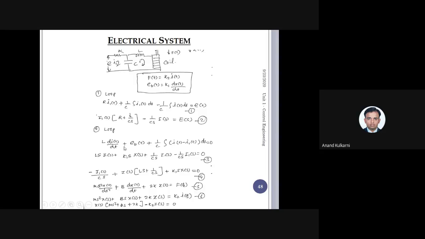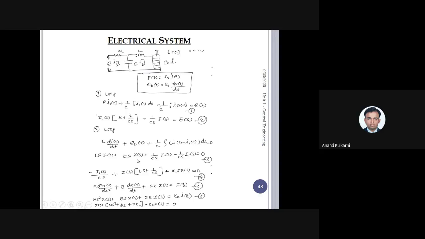If I take the Laplace transform of this, L di by dt becomes Ls I of S, because this is a differentiation, one S will come here. This is the back EMF. I have supplied the value of back EMF. It is K1 into dx by dt. So K1 into dx by dt, dx by dt has to be replaced by S into X of S, because it is a differentiation.